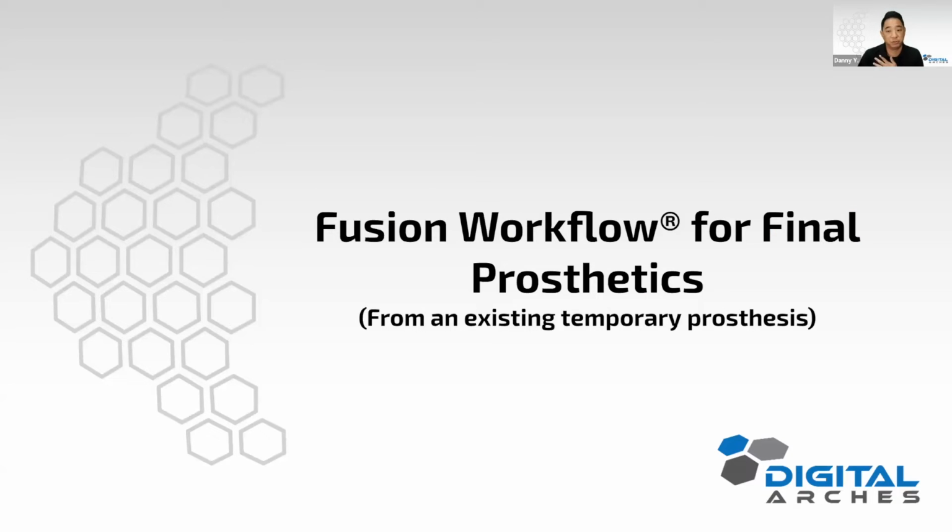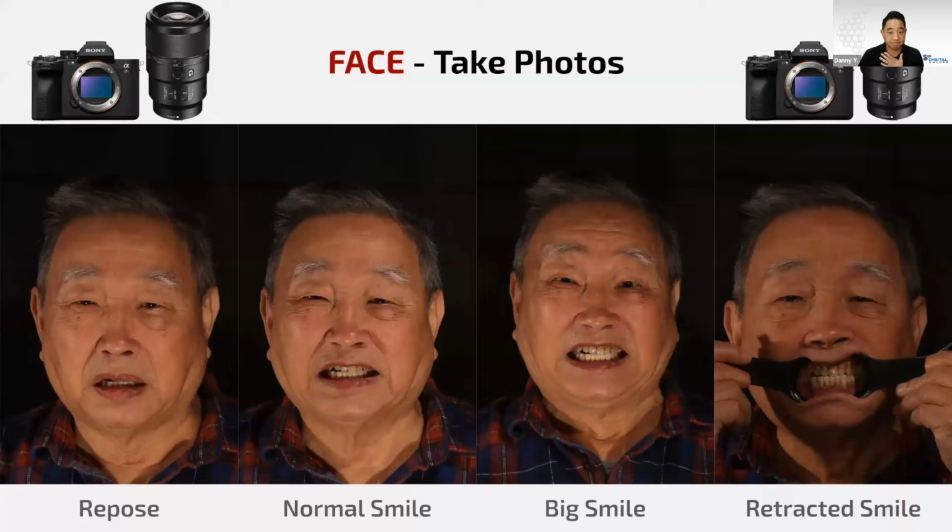So let's go into the Fusion workflow for final prosthetics. So of course, we're going to start with the photos of the patient, right? We want to make sure we use a nice camera with a macro lens, and we want to be sure we're capturing in good light, a certain distance away from the camera, and we want to make sure we're capturing as straight of a photo as we can.